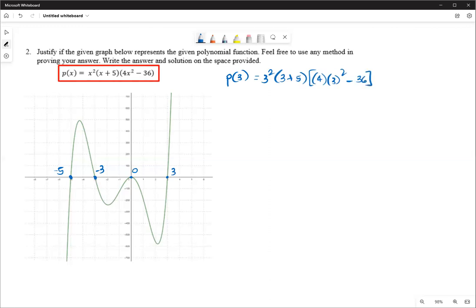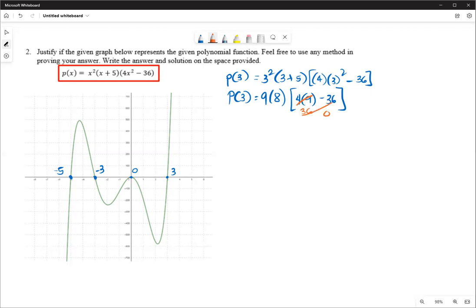By solving this, we have p of 3 is equal to 9 times 8 times (4 times 9 minus 36). And 4 times 9 is 36, and 36 minus 36 is equal to 0.